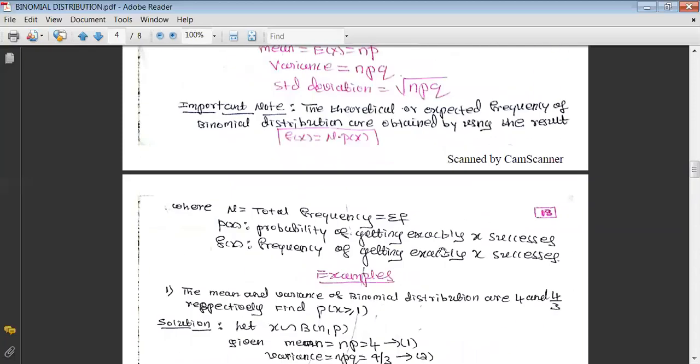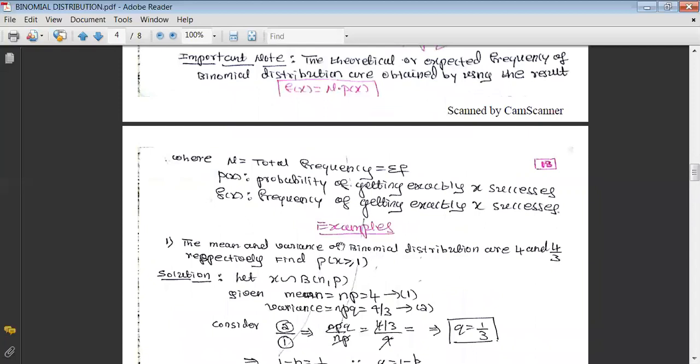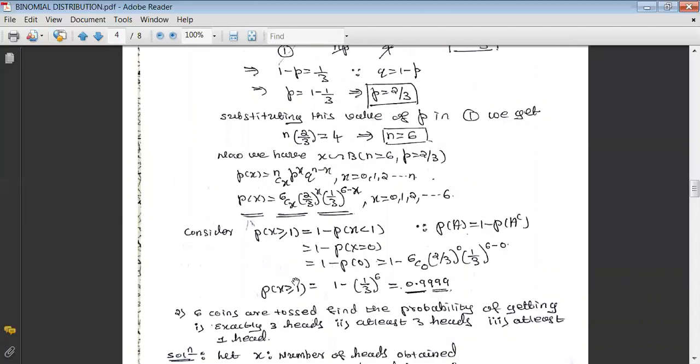Now, our actual requirement is to find the probability of x greater than or equal to 1. Now let us consider the probability of x greater than or equal to 1. If we go directly, the permissible values which are greater than or equal to 1 are 1, 2, 3, 4, 5, 6. We have to consider 6 probabilities and add all those 6 probabilities in order to get that.